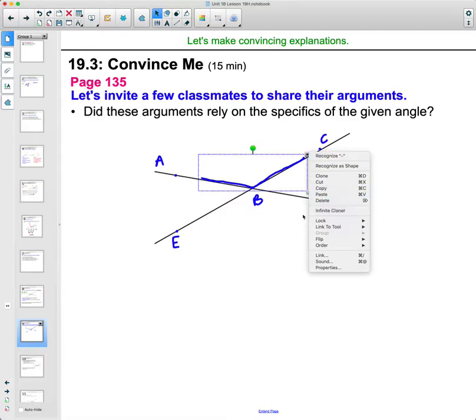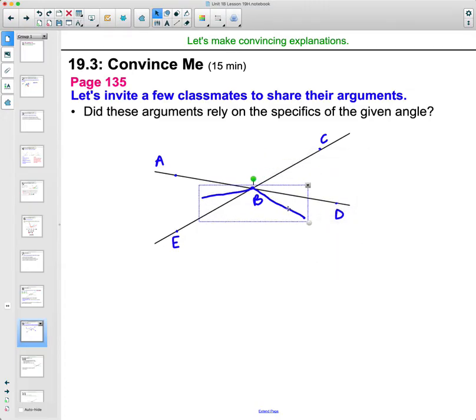I don't know if I'll be able to reflect it since it's not vertical. Yeah, it's not going to go exactly since this isn't a horizontal line here. But if you were to reflect it over, then you would get this exact same angle.